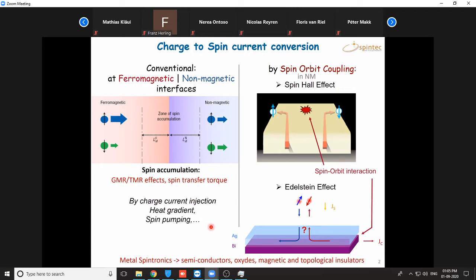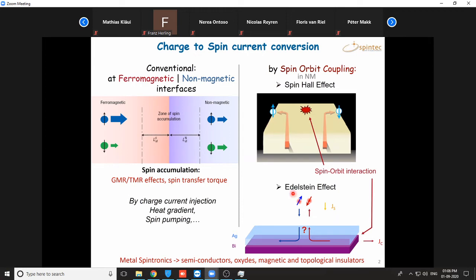using spin pumping. Using spin orbit coupling, now we will go back in a situation where we flow the current along the interfaces and along a material. This is, for example, the case when we use a spin Hall effect in a non-magnetic material, where we will have out of a charge current the generation of a transverse spin current with the development of spin accumulation at the boundary of the slab.